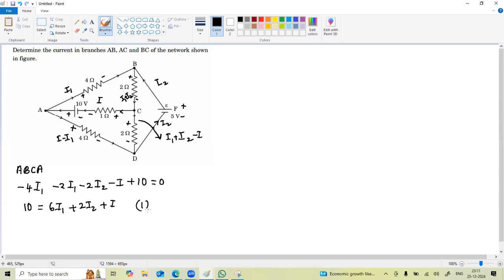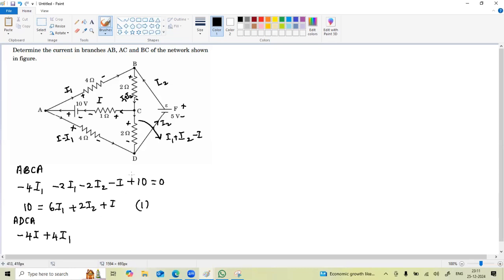Same way, apply for the loop ADCA. Starting from A to D, 4 times (I minus I1), but it's leaving from the negative terminal when you go from A to D, so it will be minus 4. When you open the bracket, minus 4I, minus of minus 4I1, so plus 4I1.